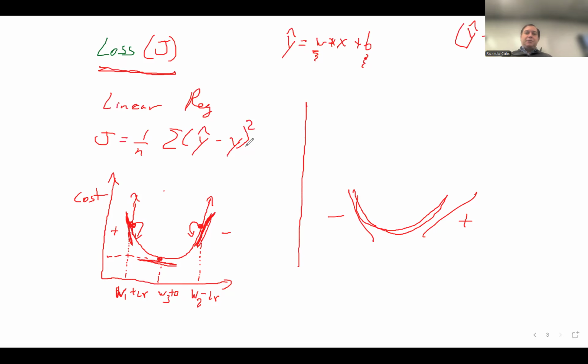So this function is the J that, in our code, we always call loss. So that's that loss that we're printing that is going down until it's very close to zero, because that's really what we're trying to do. The beauty of this is that this equation helps us to get to that. It achieves that goal perfectly.